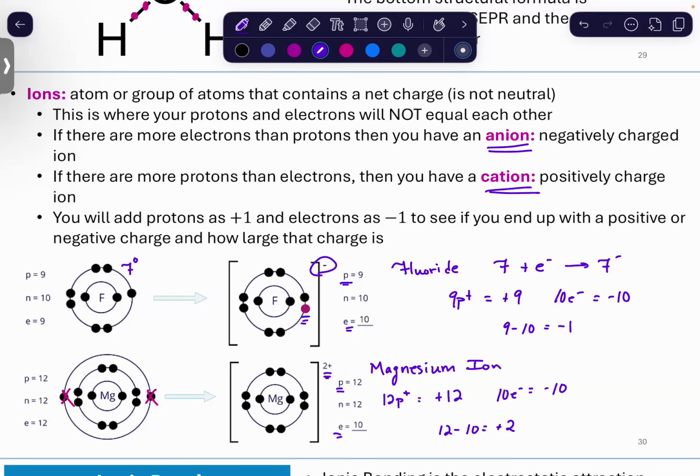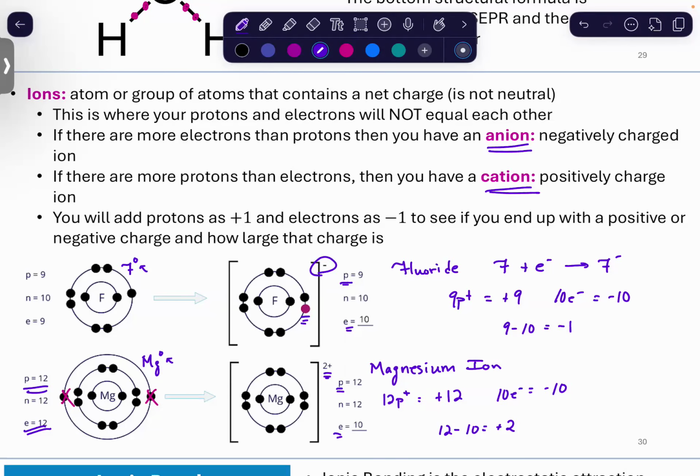And of course, you can see the original atoms are neutral, because with magnesium, 12 electrons and 12 protons are equal. So that's +12 minus 12, which is neutral. And when I'm talking about neutral, for now I'm putting that little 0 up in the upper right-hand corner. That's where you will represent charge, but we're not going to do that for very long. It's not a proper notation.